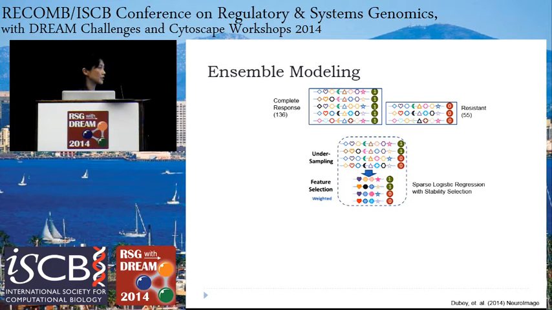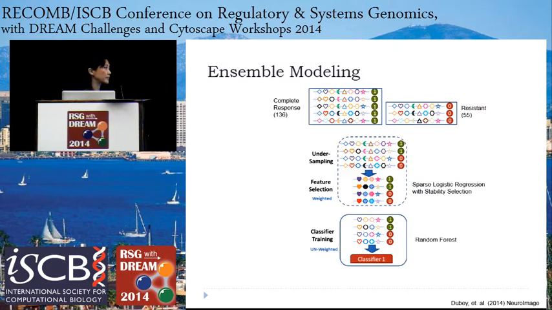For the feature selection, it's done through sparse logistic regression with stability selection. The stability selection is to handle different regularization parameters that may affect the number of features to be selected. I did 100 bootstrapping for 20 regularization parameters, and those features that were selected in more than 50% of bootstraps were used in the downstream classifier building.